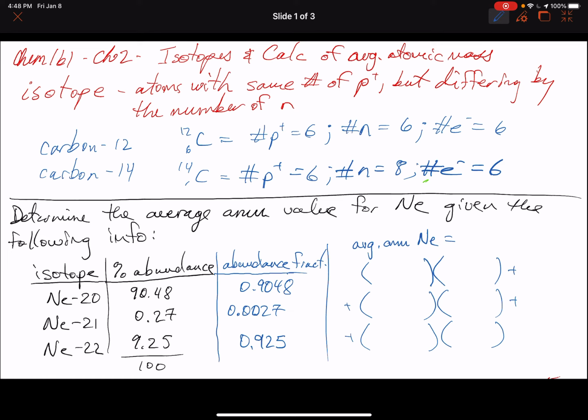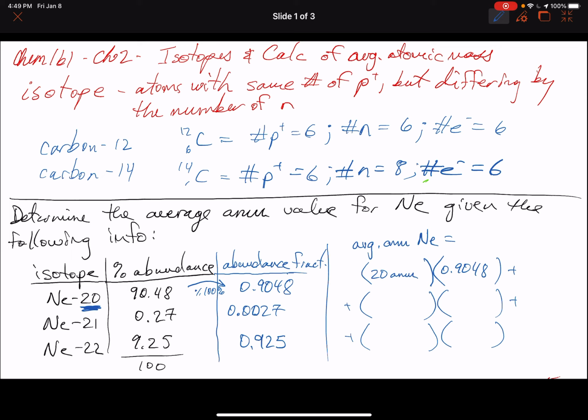So the first term was the mass value, the atomic mass value of the isotope. So the 20 value is what we use here. So we know that there are 20 AMU for that particular isotope. And its abundance fraction is unitless now. Notice there's no percentage because we eliminated that by dividing through by 100%. And that fraction amount goes here, 0.9048.